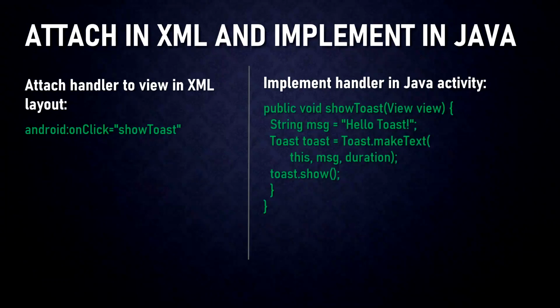The duration can be short or long, depending on the attribute you set. If you set long, it will last about 3 to 5 seconds. If you specify short, it will last about 1 second. We will see this in our event handling code.